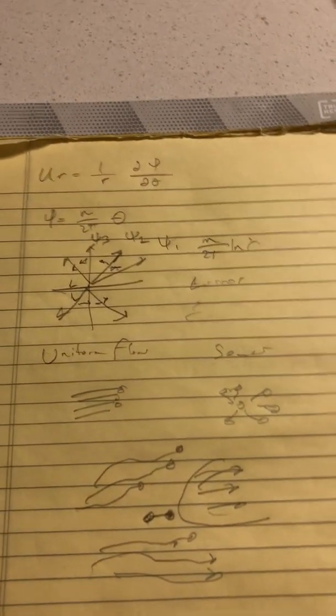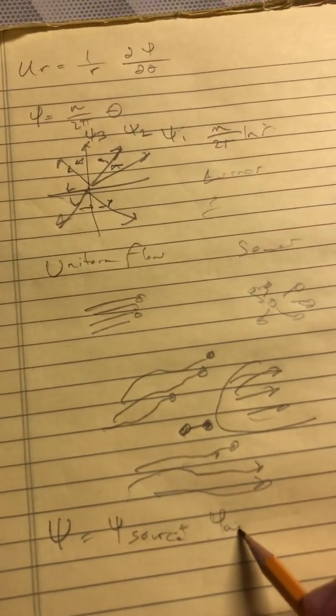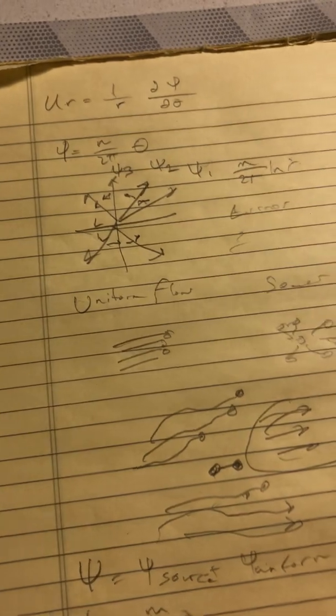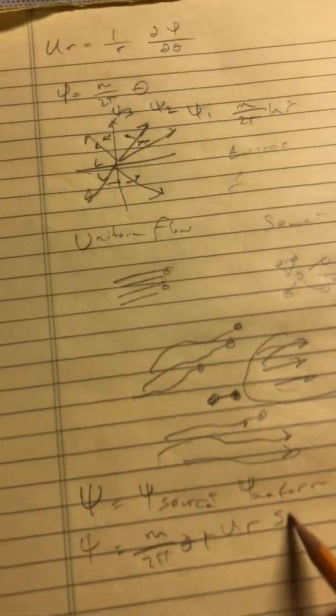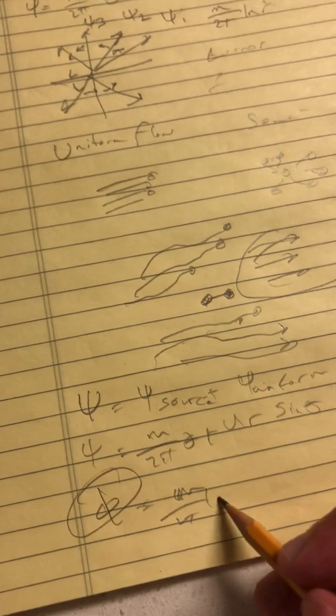Okay. So this total flow is represented by psi source plus psi uniform is our total psi. In which case we have psi is equal to m over 2 pi theta plus u r sine theta. And then for this symbol here we have m over 2 pi ln of r plus u r cosine theta.